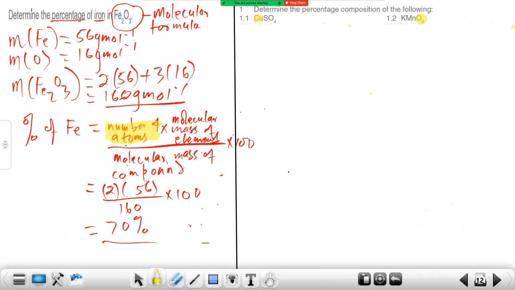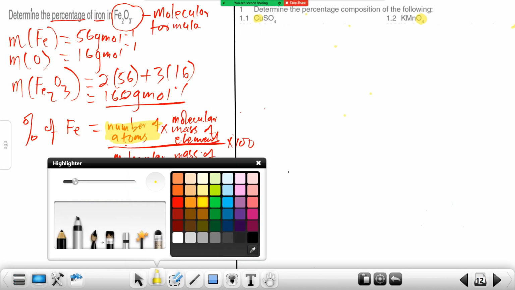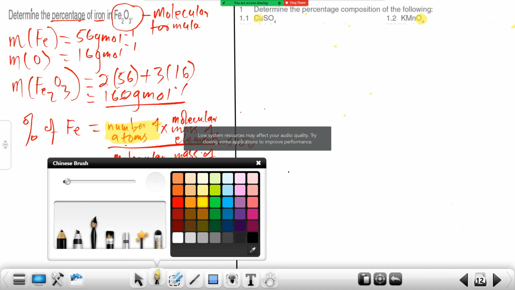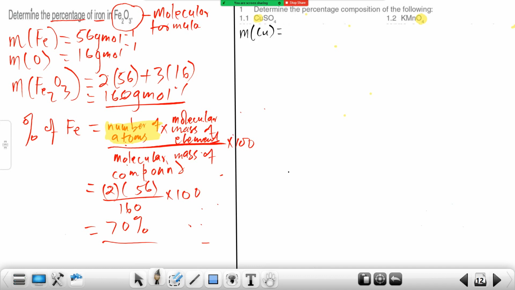Now for copper, the first thing is to calculate the total molecular mass. Let's change the pen and we say M of copper.